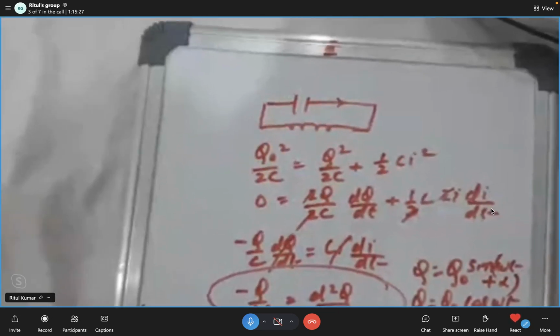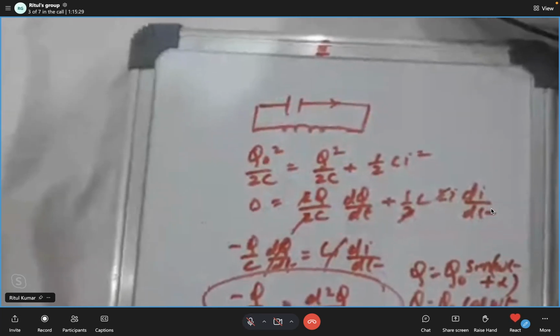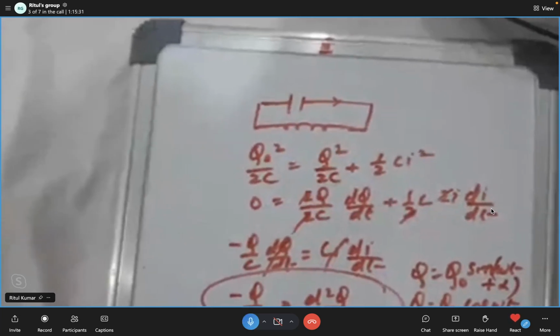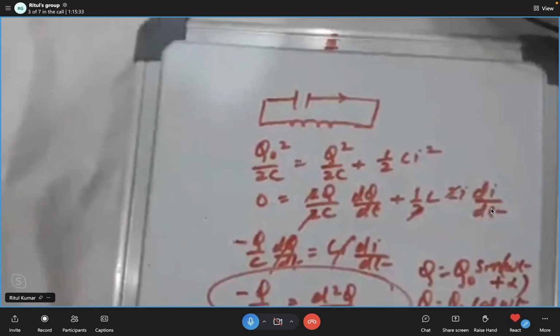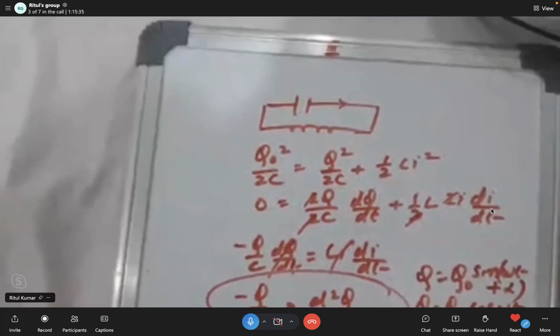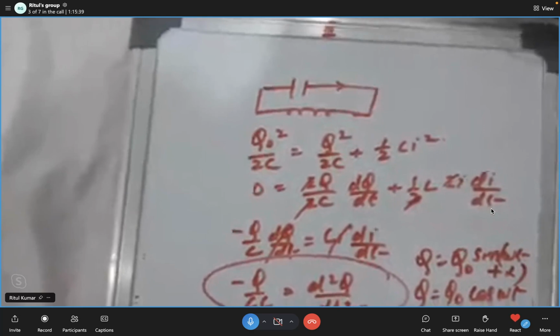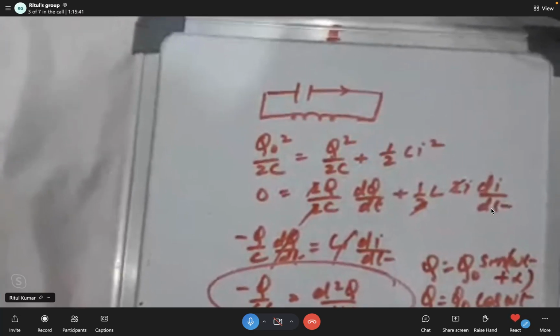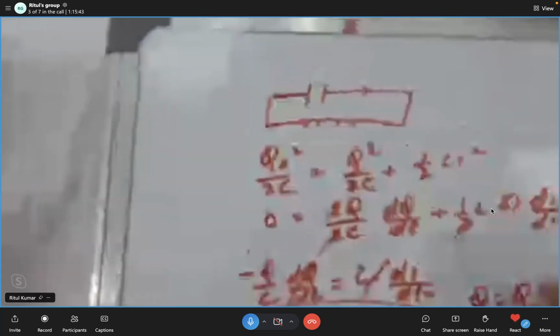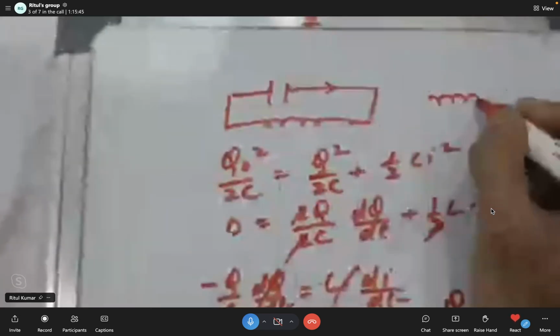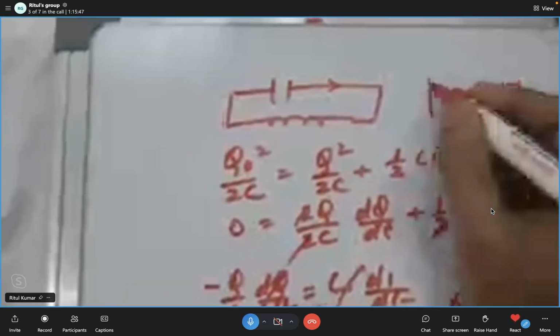So could you please tell me what do you mean by charge being at peak? Can you decode it? Peak means extremum, negative or positive, right? The capacitor is fully charged. Fully charged. It can be with either polarity, correct? Either polarity. Okay. So what we'll do, we'll relate it with this. I presume we can relate it easily with this one.